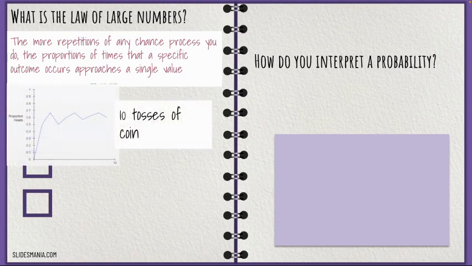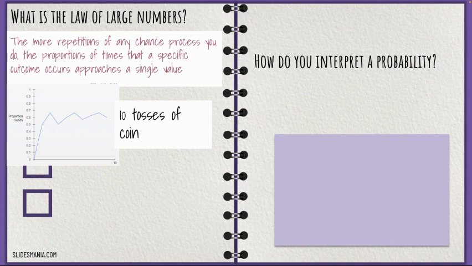So let's think about tossing a coin. You have heads and tails as your options, and it's half and half. So, proportion of heads. The more times you do it, the closer you get to your experimental probability of half.